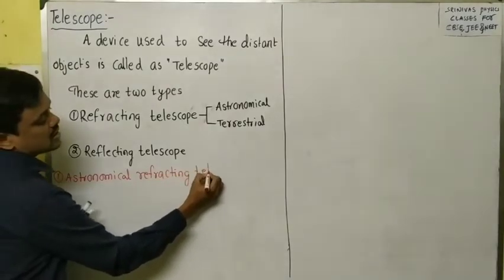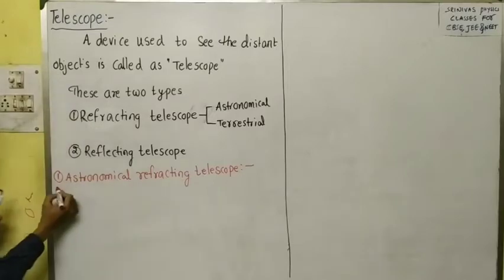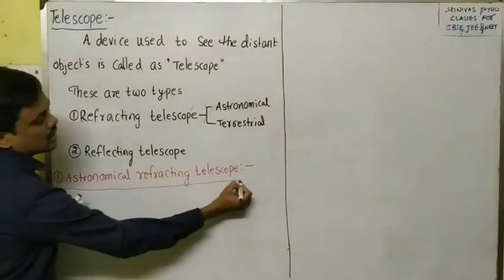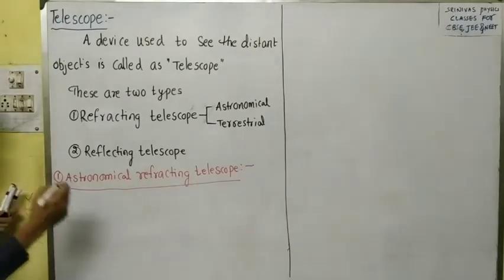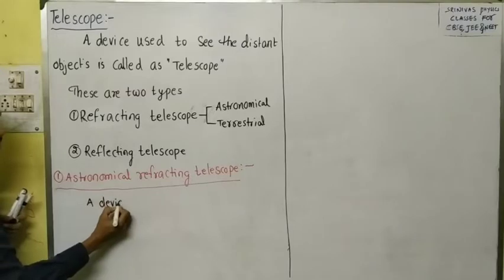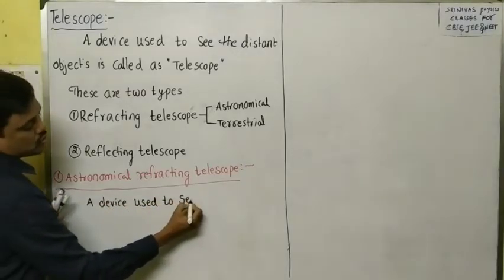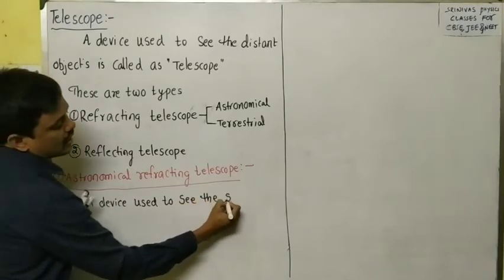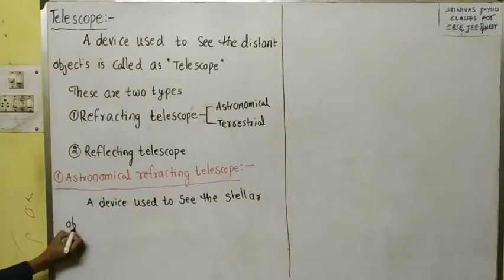What is the use of this telescope? This telescope is used to see the stellar objects. Stellar objects means what?